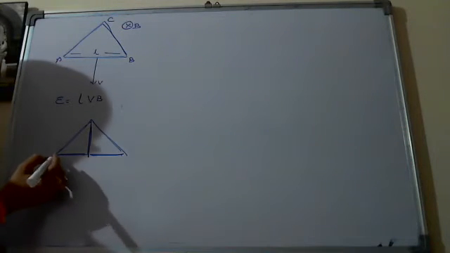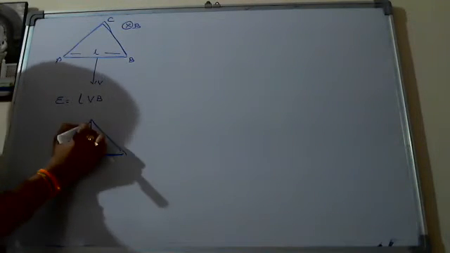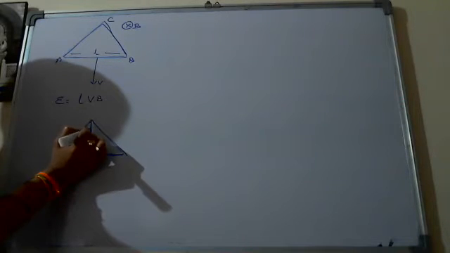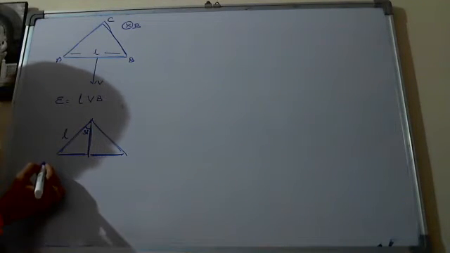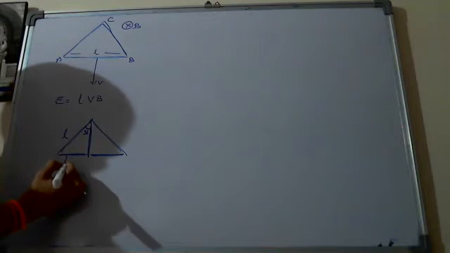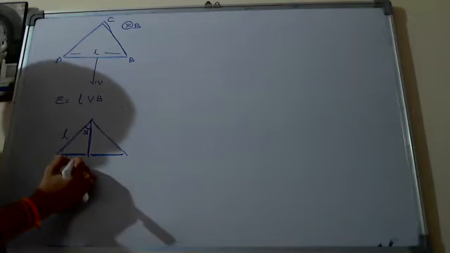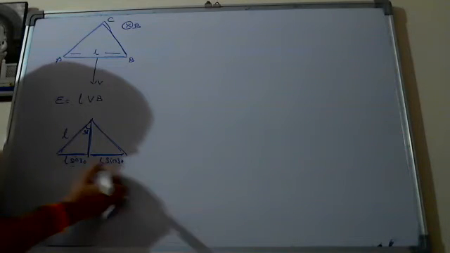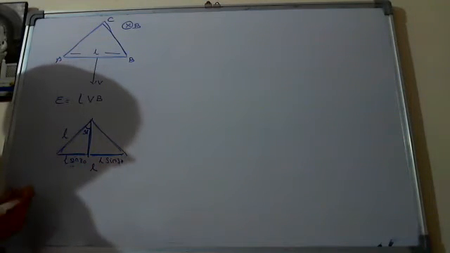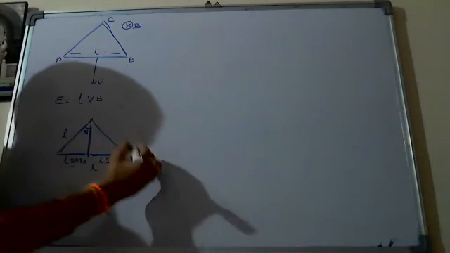Correct. This is a right angle triangle and you are telling, of course, this is 30 degrees. Hypotenuse is L. So L sine 30, that is L sine 30. Total, you have to take this L by 2 plus L by 2, L. Or else this is an equilateral triangle.